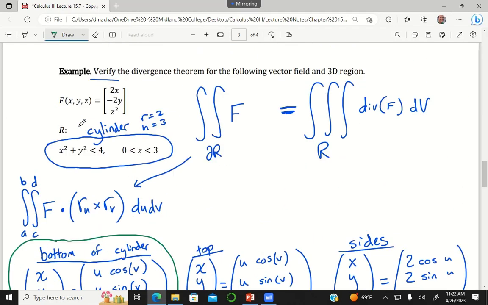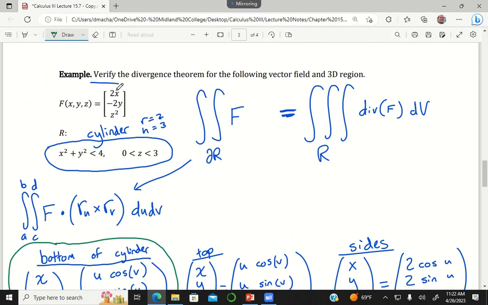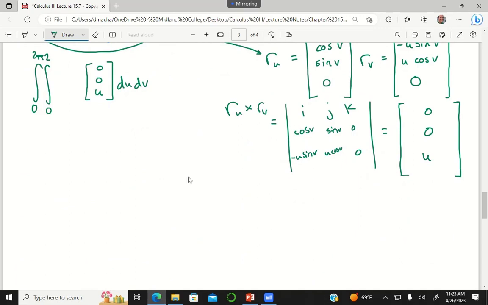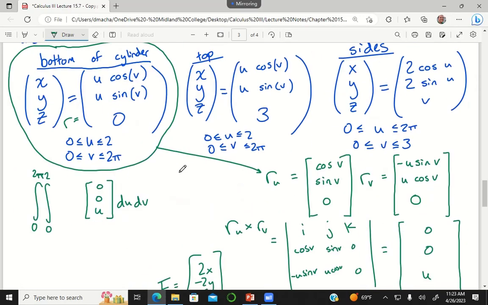Now, for the vector field capital F, that capital F is 2x, negative 2y, z squared. Did I copy that correctly? I don't have good short-term memory. Let me check. Okay, cool.